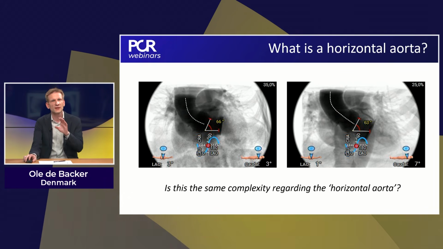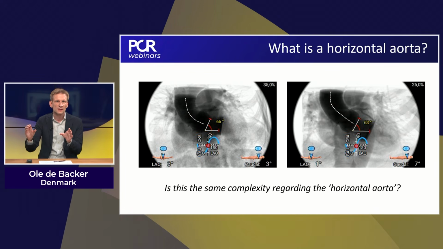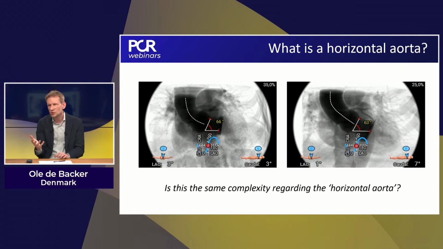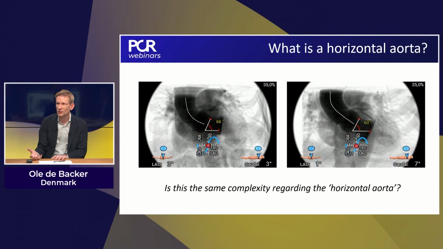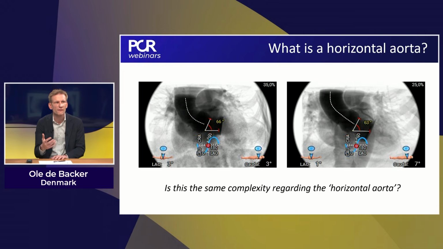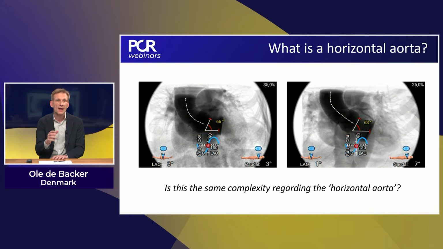If you look at the left case, that's why I'm not sure horizontal aorta is the right terminology. Maybe we should talk more about a vertical annulus plane, and then you see an aorta which is a bit of a hockey stick aorta. There's a short runway and it goes immediately vertical, whereas on the right-hand side you see a nice long runway.